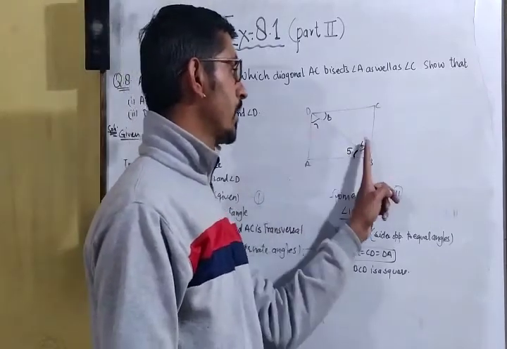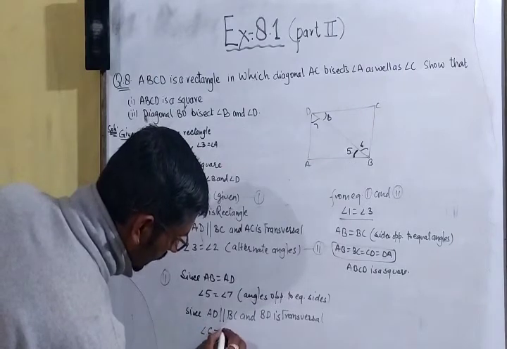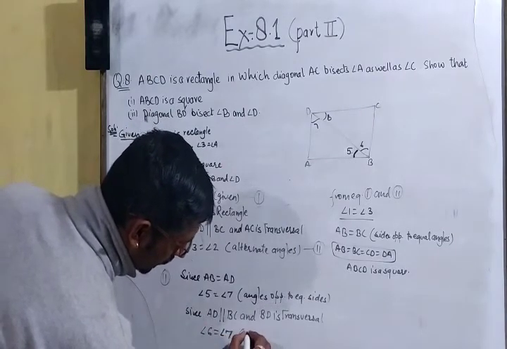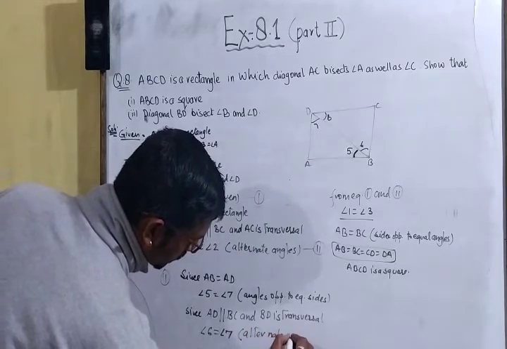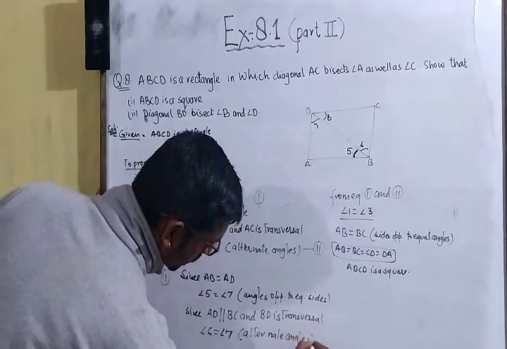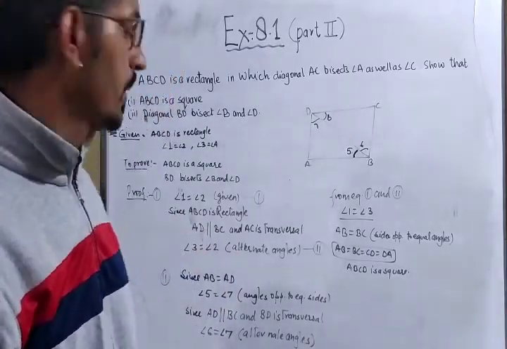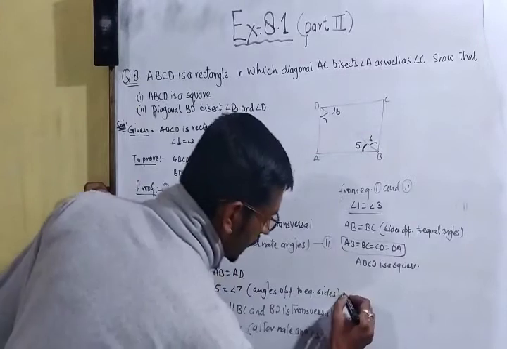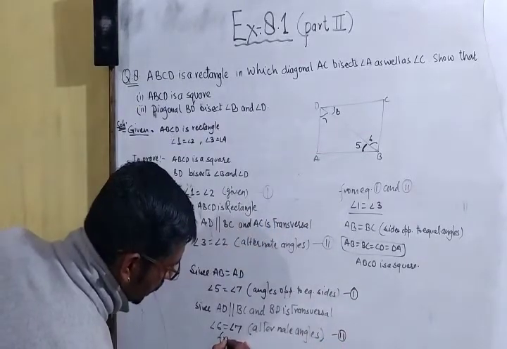Angle 7 is equal to angle 6. Why? Alternate angles. Okay. So now from equation 1 and 2, what can we say? This is equation 1, this is equation number 2.